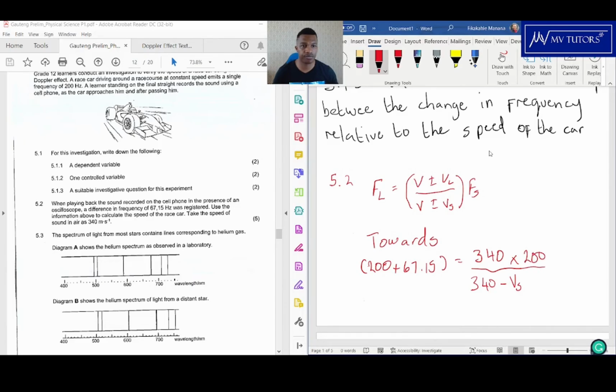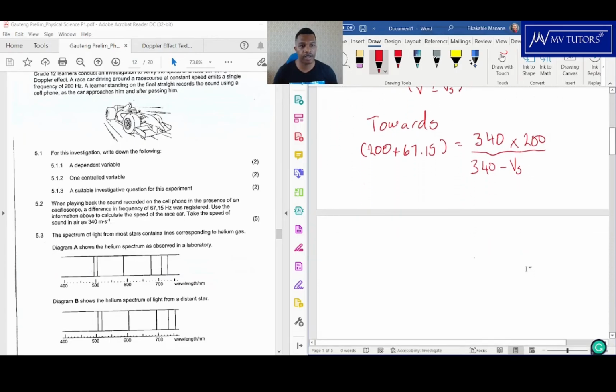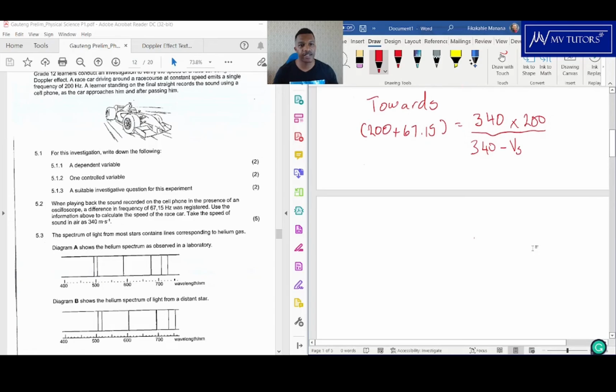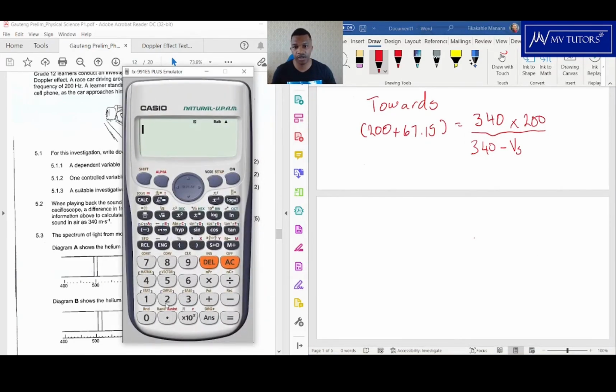Okay, so there we go. All that's left for us to do now is some mathematical gymnastics. First thing I'm going to do, put this in a calculator. What is 200 plus 67.15? That gets me 267.15.